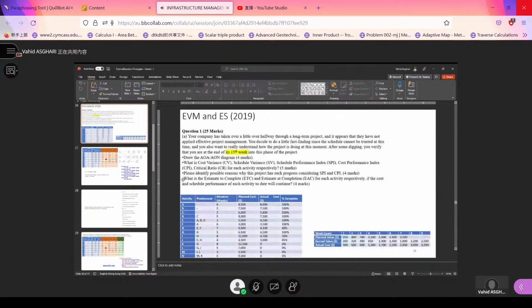Last part, what is the estimate to complete and estimate at completion for each activity respectively, if the cost and schedule performance of each activity to date will continue. Here is a very, very critical point. The assumption is as if the costs and schedule performance will continue.